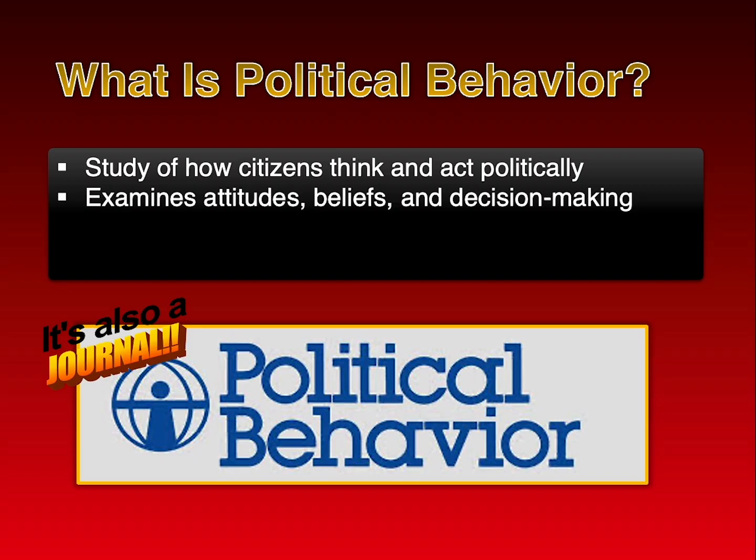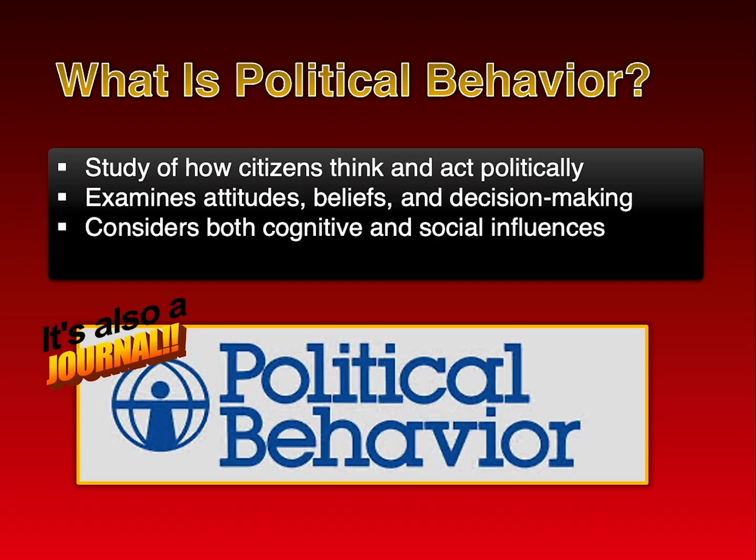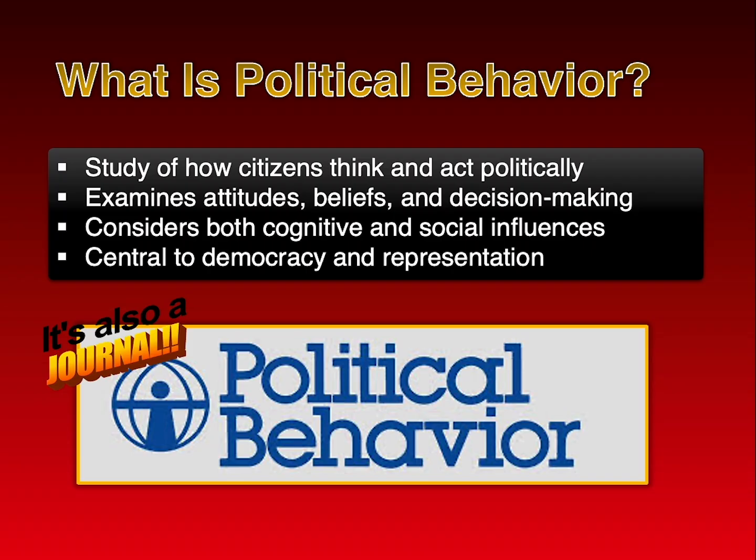Scholars examine both cognitive processes, those are how the mind works, and social influences. That's your social identity, your personal identity, your social networks, or even the institutions that you're a part of and interact with. Because democratic systems depend on citizen participation, studying behavior is key to evaluating whether democracy functions effectively.